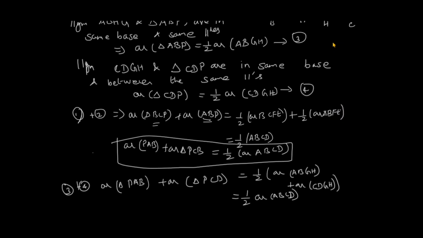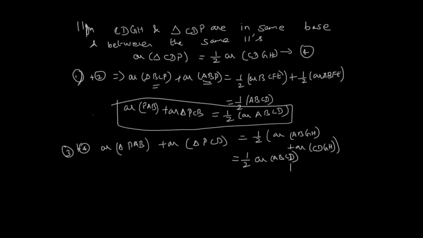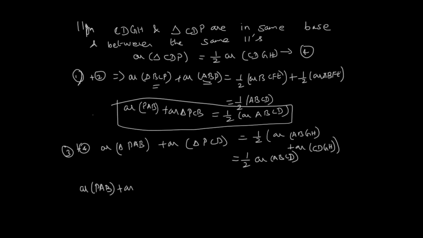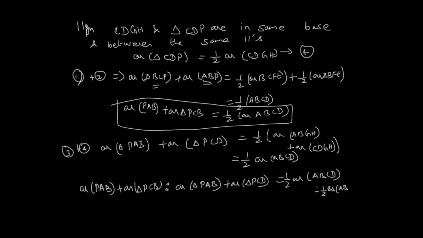So if we are finding the ratio, that is area of PAB plus area of triangle PCB is to area of triangle PAB plus area of triangle PCD is equal to, both are the same, half of area of square ABCD is to half of area of square ABCD.